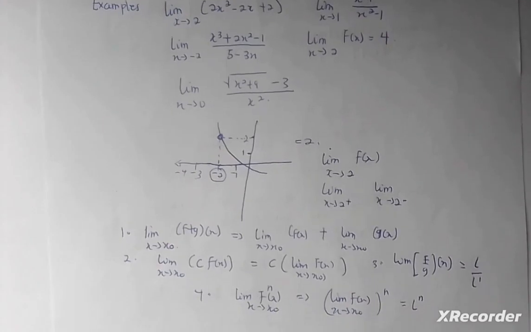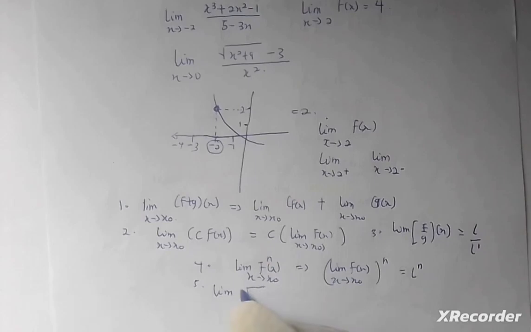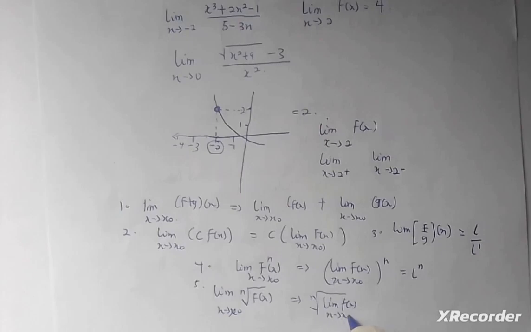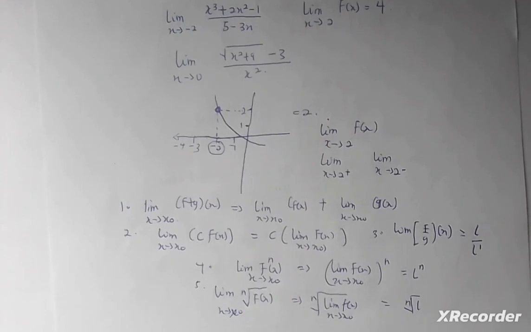So finally, let's look at the last property here. The last property is saying that if you have a limit of any function under the square root sign, the nth root of f of x as x approaches x naught, then our solution is simply going to be the nth root of the limit of f of x as x approaches x naught, and our solution is going to be the nth root of L. Meaning, if I've been given any function under the square root and you have to find a limit, we just don't include the square root.